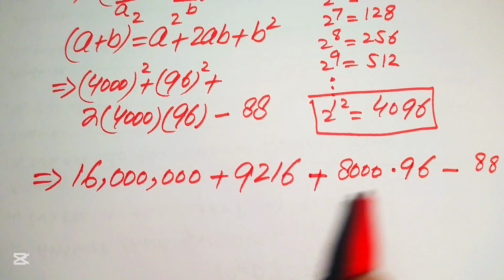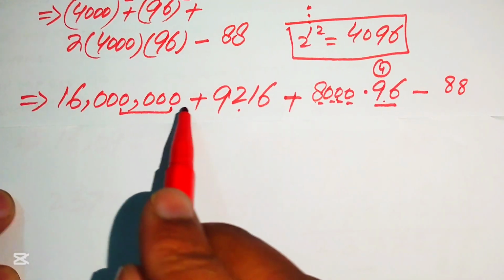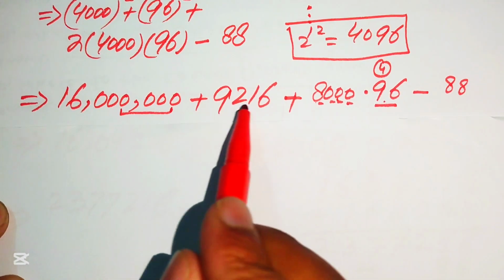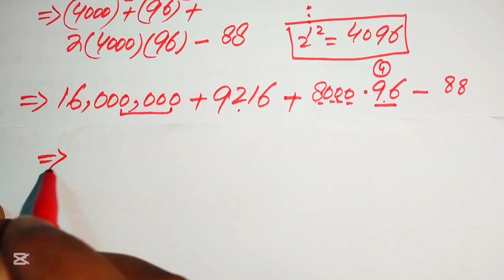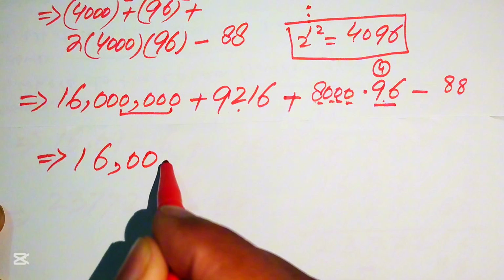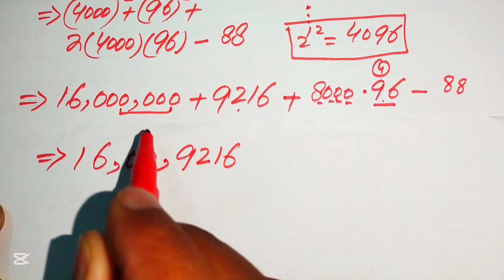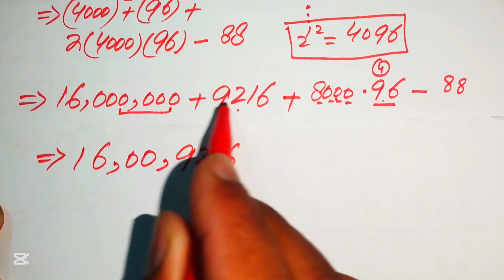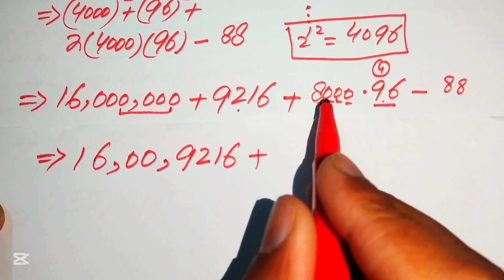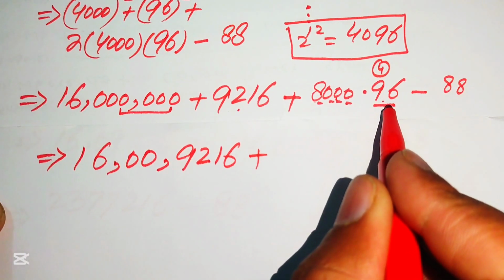So here we need to add these two values, so we can just replace the last 4 zeros with this number, and it will be written as 16 million and the last 4 digits become 9216, because these are zeros. Now we need to multiply this 4-digit number with this 2-digit number. Here we consider 96 as one number.